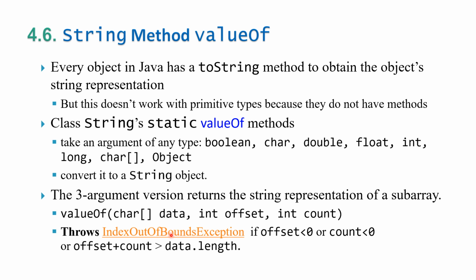This version of method valueOf will throw an IndexOutOfBoundsException if the argument offset is negative, or the argument count is negative, or the sum of offset and count is larger than the length of the char array argument.